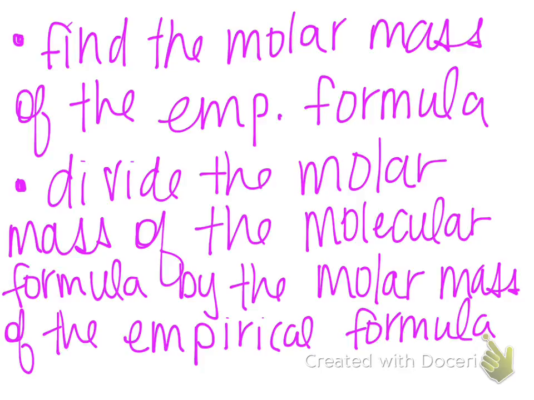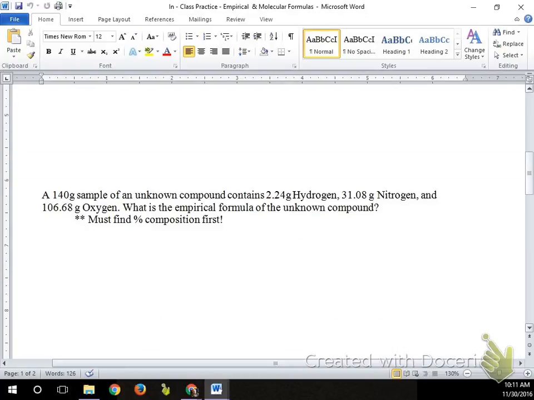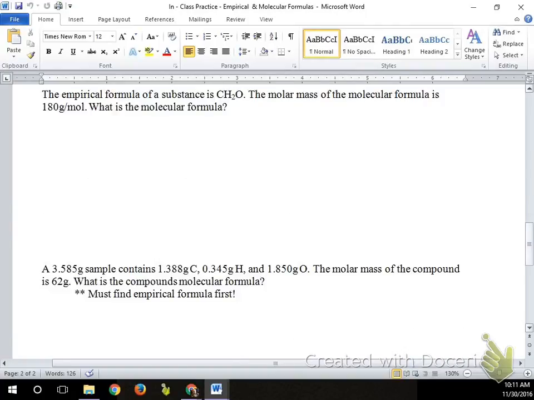Okay, let's start with that first example on the back. The empirical formula is CH2O.